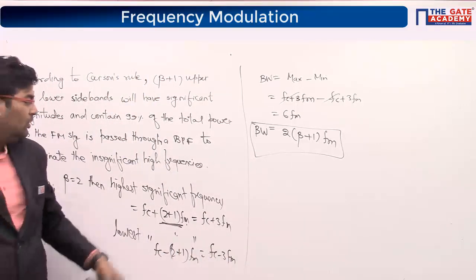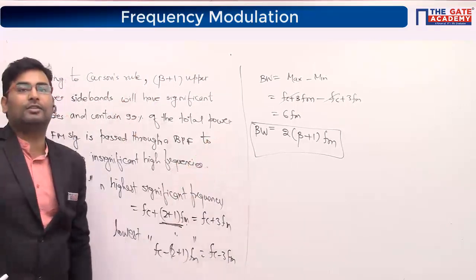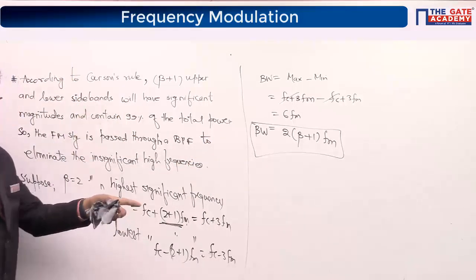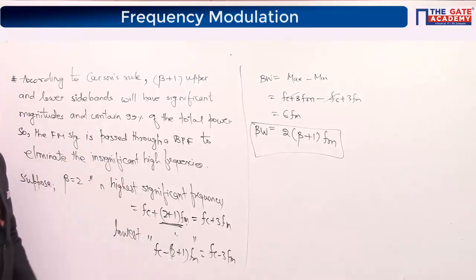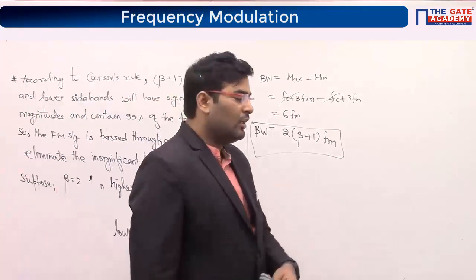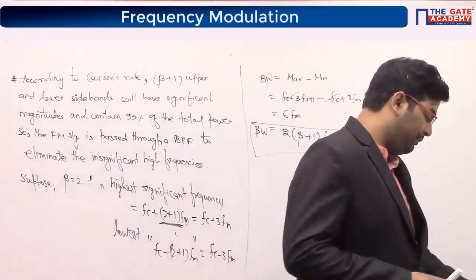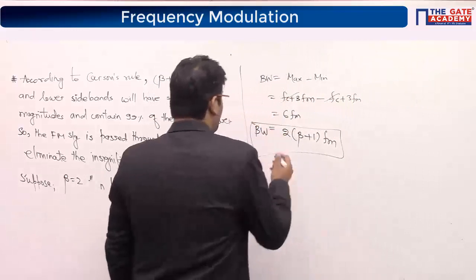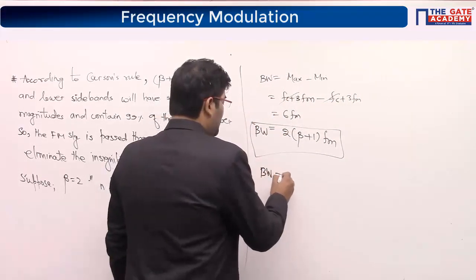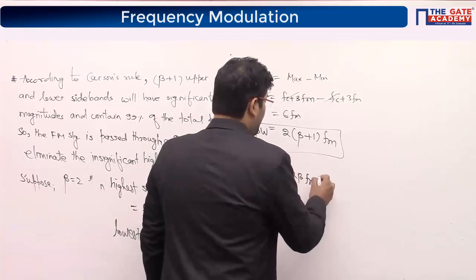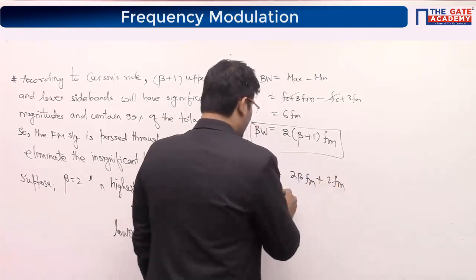And this is how you can see how Carson's rule is coming. Go and read any book. You will not see this way of getting to the formula. Everybody will just tell you, okay, Carson's rule, bandwidth twice beta plus 1 FM. But that's not the only thing. You need to understand the whole beauty behind it. So it is 2 beta FM plus 2 FM. And what is beta?